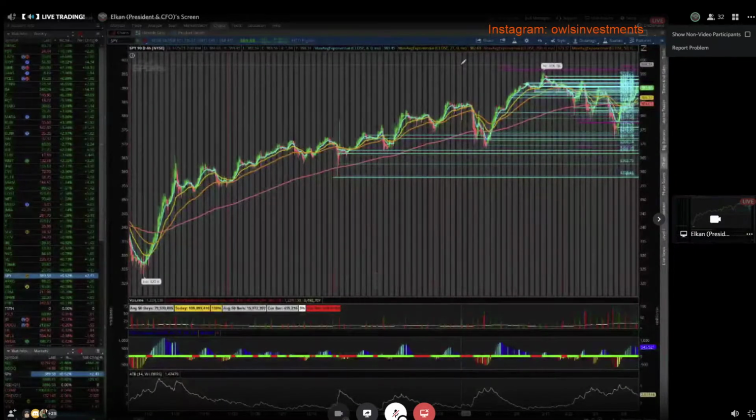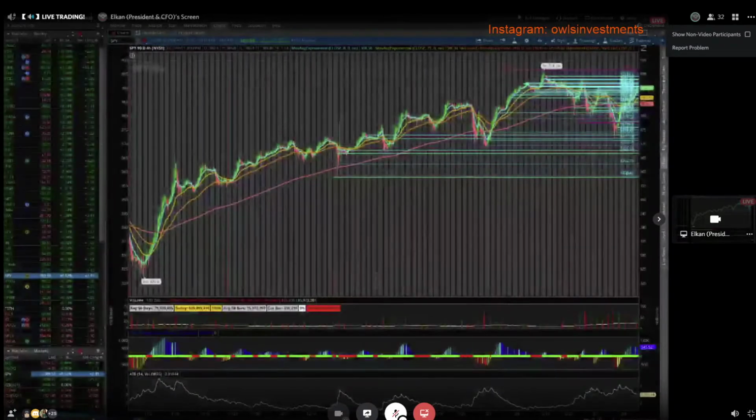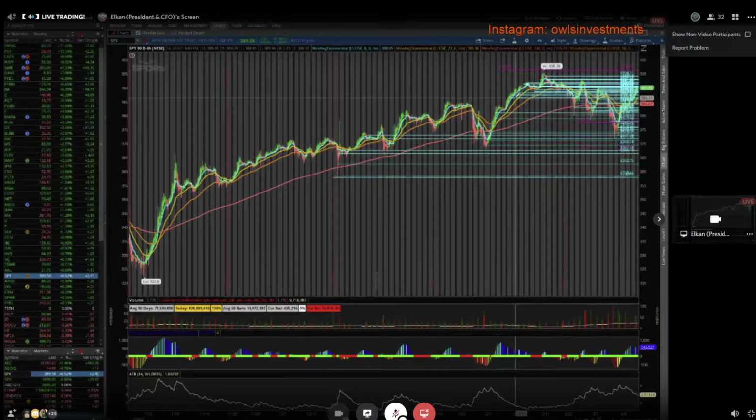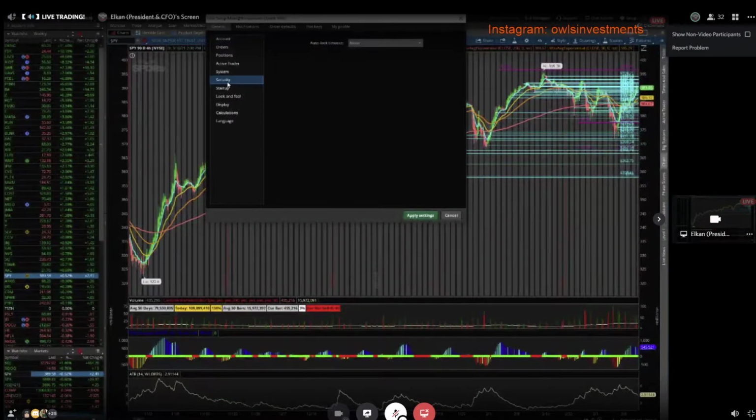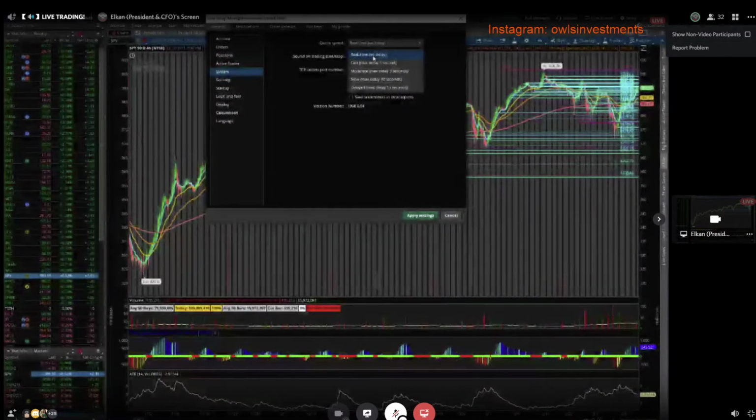First thing I want to show you is here. If you have the Thinkorswim monitor open, please hit Setup at the top right, then Application Settings. Go to System, and where it says Quote Speed, you should be on real-time, no delay.